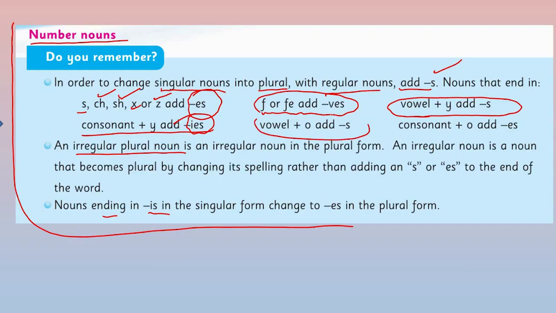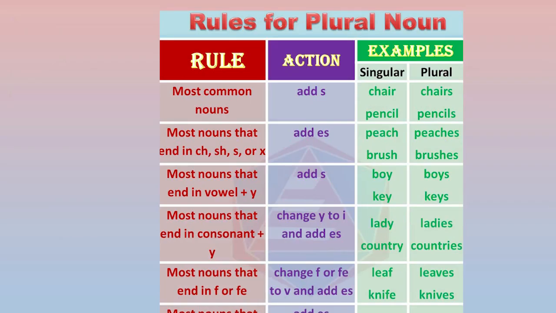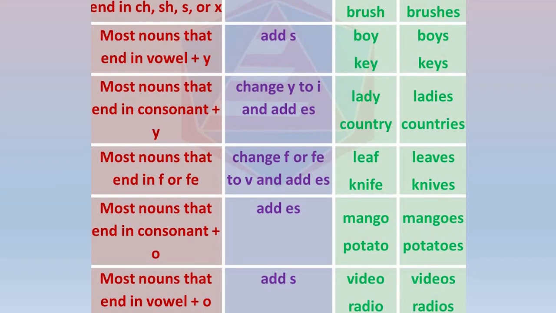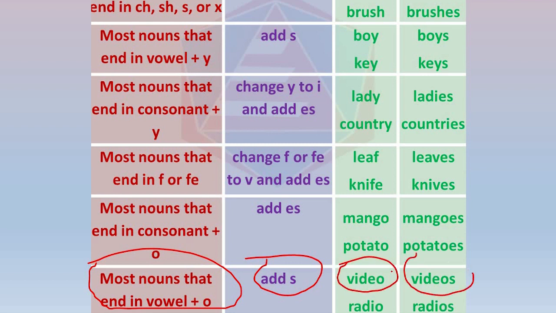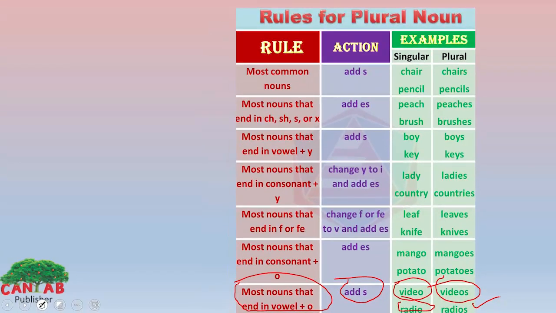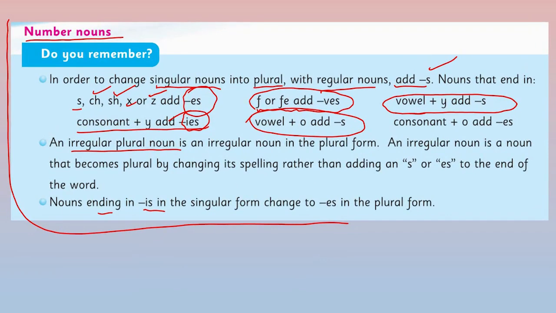Now look at this one. Vowel plus o, we add s in the end to make it plural. Look at the examples here. Most nouns that end in vowel plus o, we add s to make it plural, like video, videos, radio, radios. Look at the last one here.